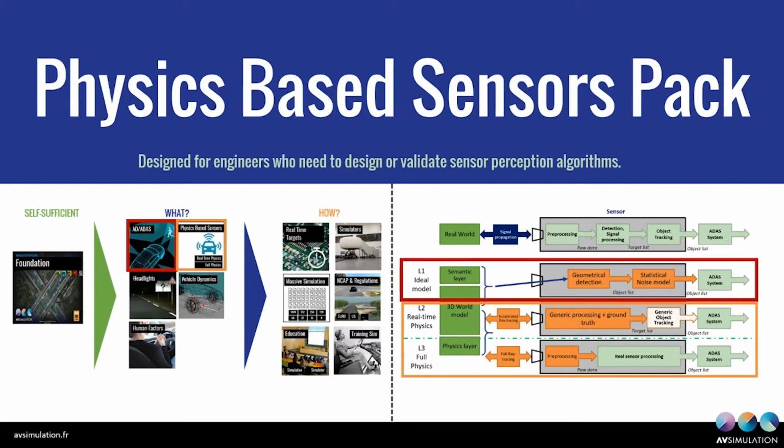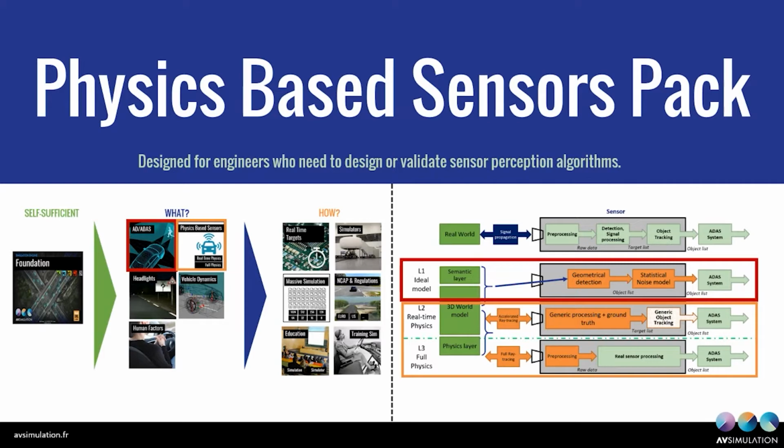As you can see on the right part of my screen, with a real sensor in real life, you have a signal propagation to your sensor, and then a pre-processing aspect inside the sensor, which translates the information of the signal propagation into useful information for the sensor.